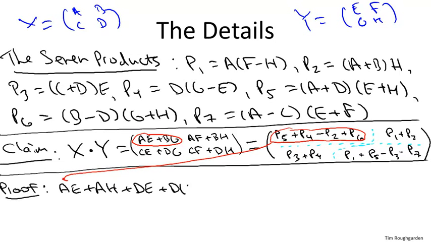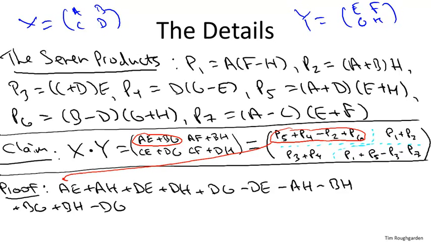Then we add P4, so that's going to give us plus DG minus DE. Then we subtract P2, so that gives us a minus AH minus BH. And then we add in P6. So that gives us BG plus BH minus DG minus DH.